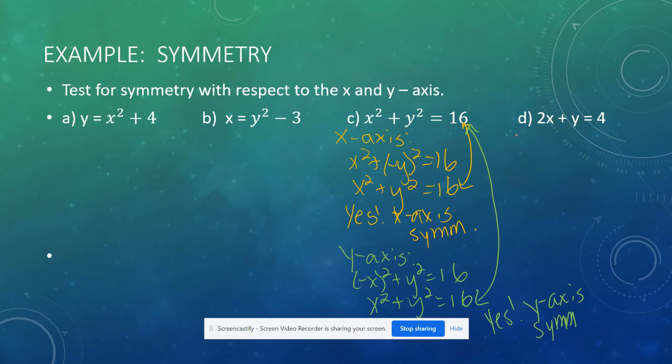For this last one, if I start again with x-axis, then we're plugging in a negative for the y. That's 2x minus y is equal to 4. If I check those two, they are not the same, so there is no x-axis symmetry.